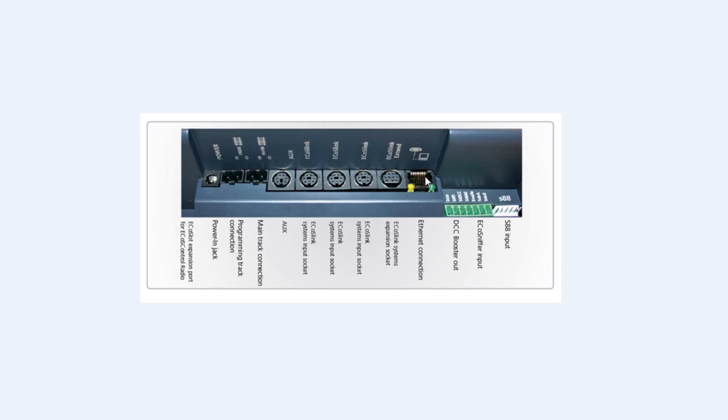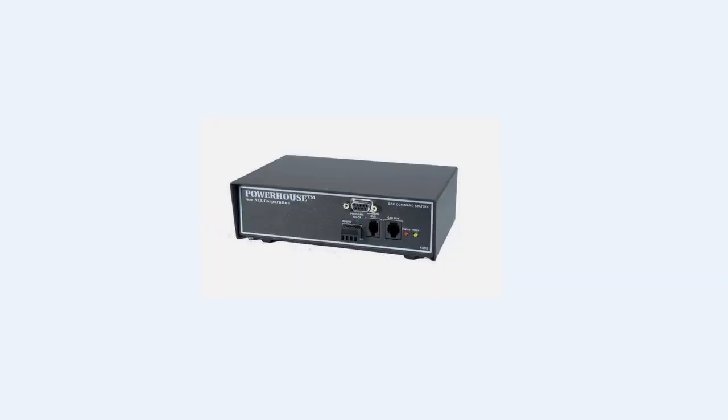So this is how the computer connects to the command station, and then it can monitor what's being sent across the network, and the command station can send information back and receive commands from the computer.